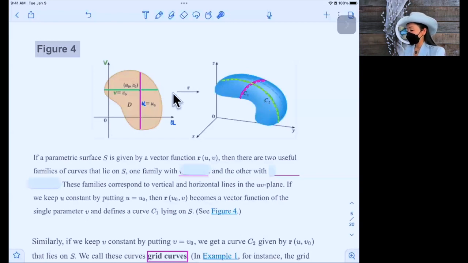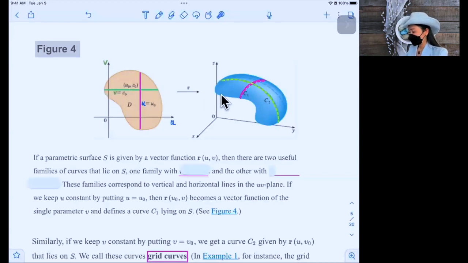Now, when we study this, it's useful to study two families of curves. What are the two families of curves? One family has u constant, and the other family has v constant.